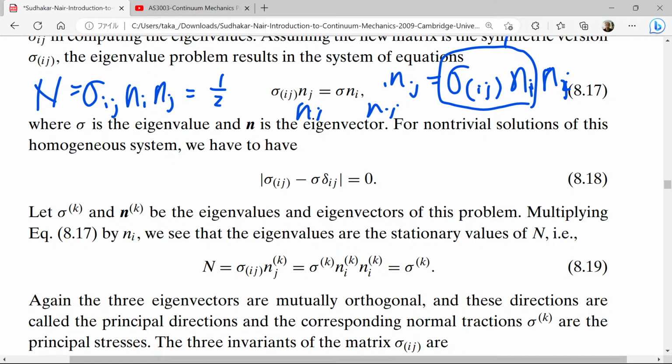We see that eigenvalues are the stationary value of n. How can you say this is stationary value of n? So here ni is missing.